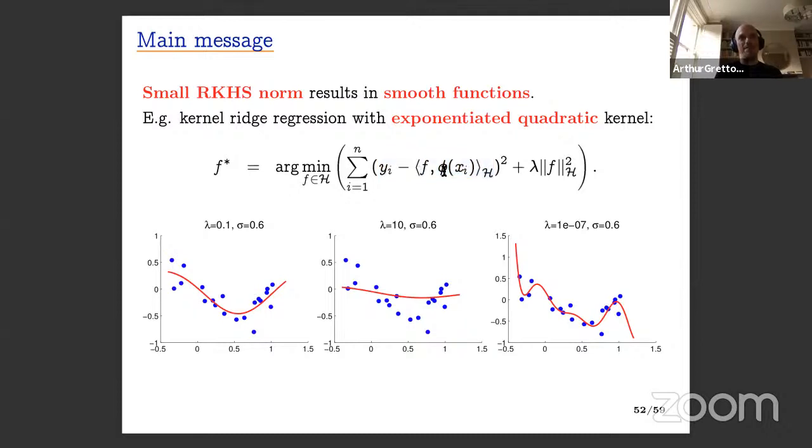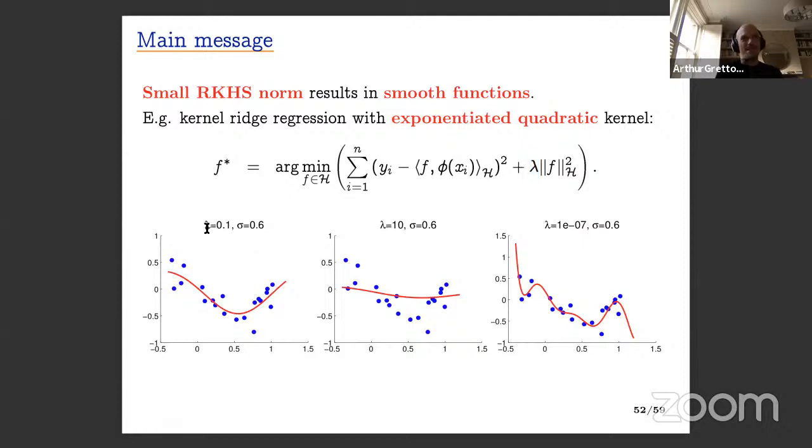So remember, the dot product of f and the features of x is just my function evaluated at x, trying to make that close to y at these endpoints. But I've added here lambda times the RKHS norm of f squared. And what we've just seen is that the RKHS norm of f is a roughness penalty. So if lambda gets big, I'm going to ensure that my function is smooth. I'm going to really penalize roughness. If lambda is small, then I don't care. My function can be wiggly.